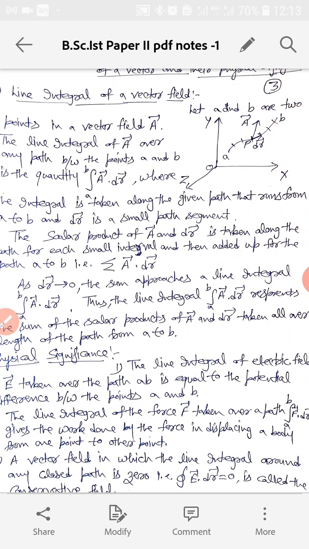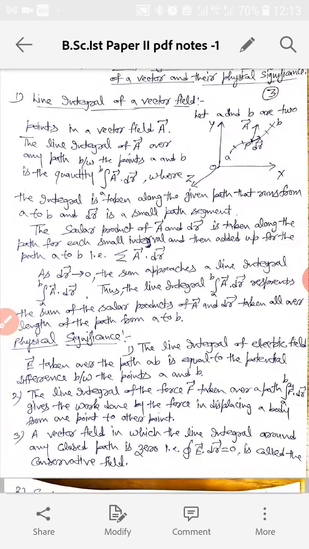If we reduce this small segment to an infinitely small value, suppose dr approaches 0, then this sum approaches a line integral. This summation of the scalar product A dot dr will become the integral from A to B of A dot dr.